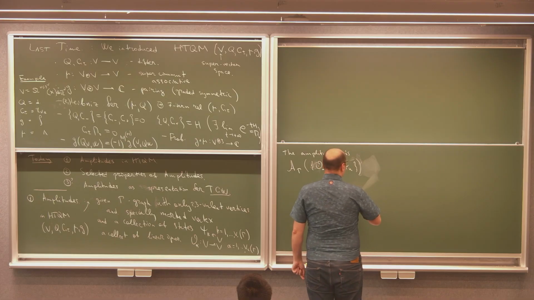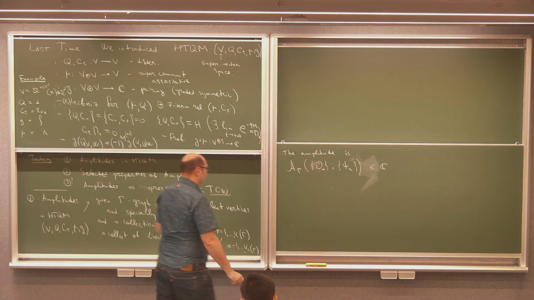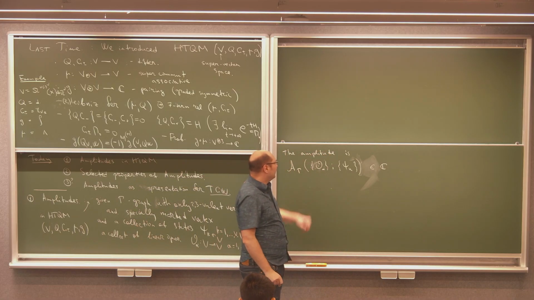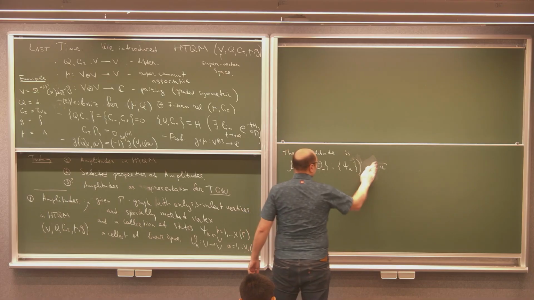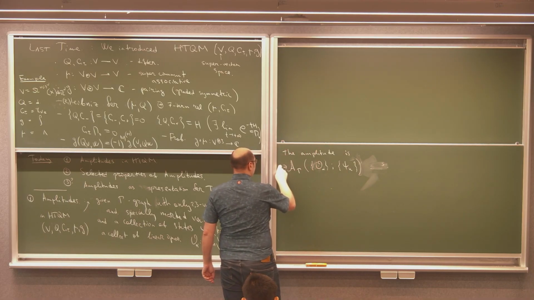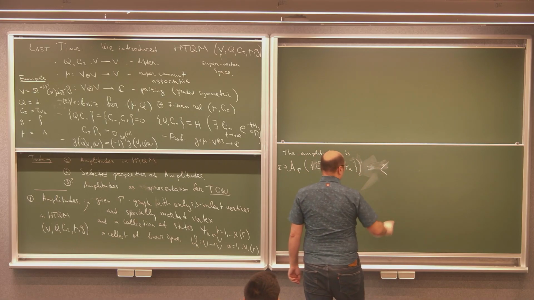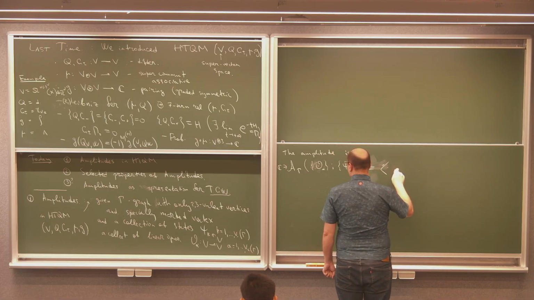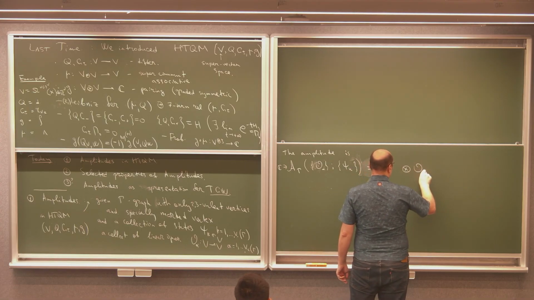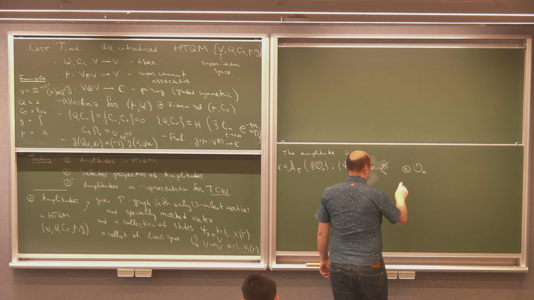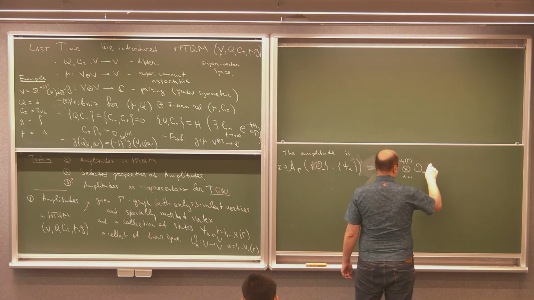Okay, so first of all, this thing is a complex number. We turn all this data into a complex number in the following way. We take a tensor product over alpha from 1 to the number of two-valent vertices of gamma.